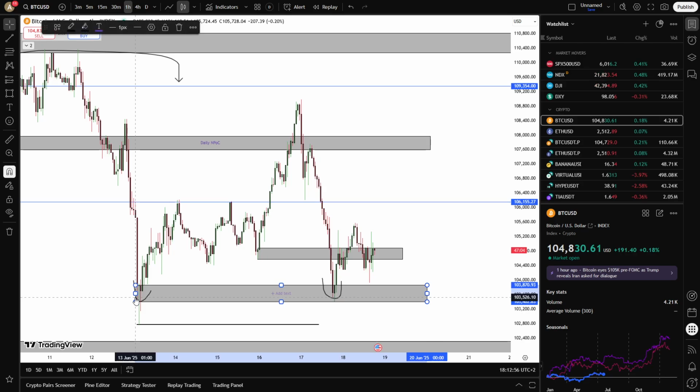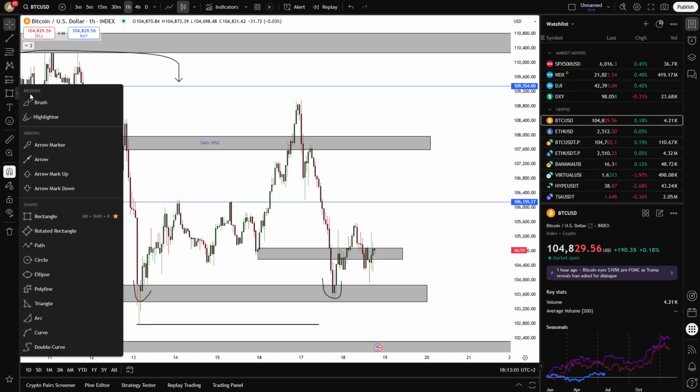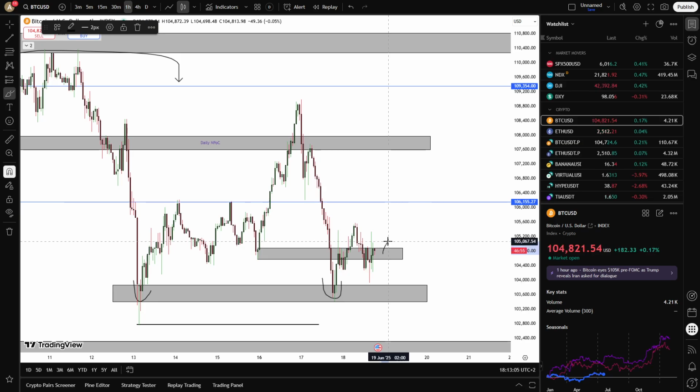So I will put this level right here, and the one bear scenario I would have is where we don't push through this level, and instead we reject on this level and we sweep this level first. And with this level I mean this little wick, where we do something like this and then we go up.